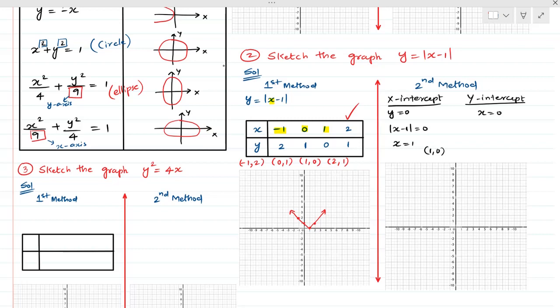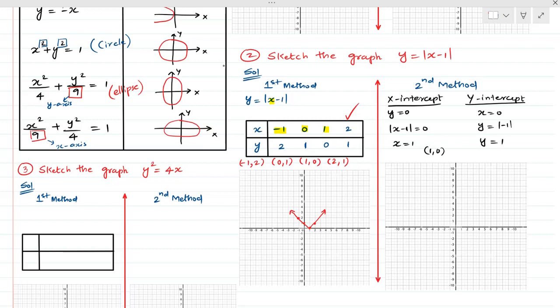For the y-intercept, put x equals 0. When I substitute x equals 0, you will get absolute of minus 1, which is equal to 1. It will take the positive and negative value, so take plus 1.